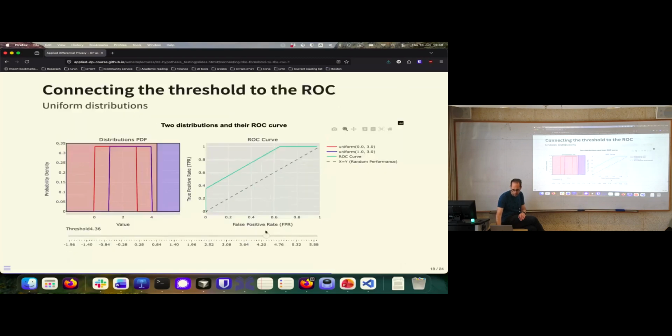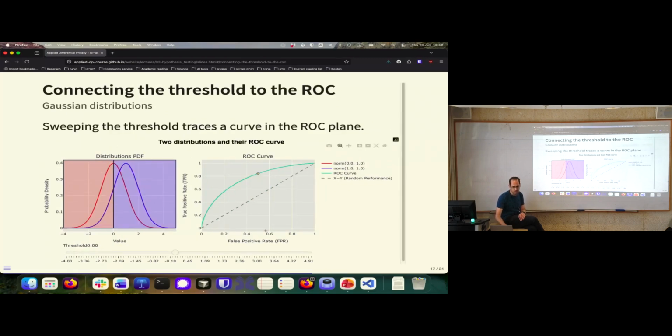Now notice that in both examples that I gave so far, the yellow point moved across the green ROC curve. Reminding you, the ROC curve identified the best, highest true positive rate we can get for any given false positive rate.